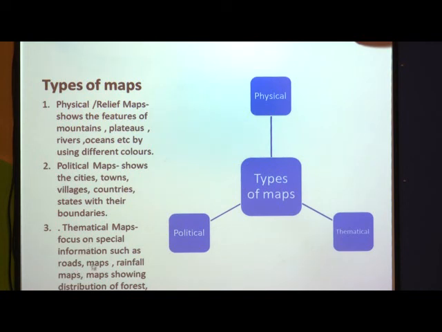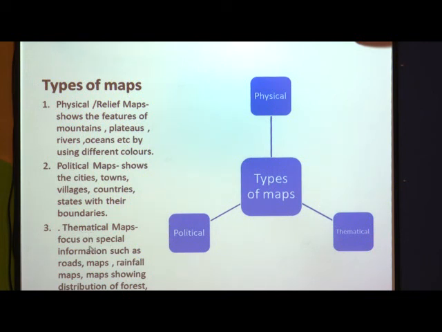Again, if you want to show the population of a particular state or country, or the rainfall, or the distribution of forest, then we use thematic maps. Or if you want to show what type of industries are located in which place, at that time we use thematic maps.